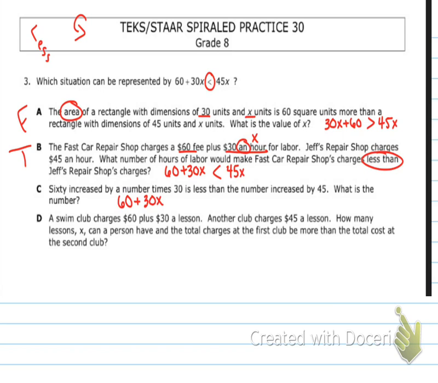Is it 60 increased by a multiplication, or is it 60, then the increase, then multiplication? All right, I need to go probably touch up on these. I'm going to go ahead and stick with this version of it just because I know it mimics the answer I'm trying to get. And then it says is less than the number increased by 45. So this would mean x plus 45. So I know it's still false because of this back portion, but I do want to be careful with the front over there. Probably going to have to go touch up on that a little bit.